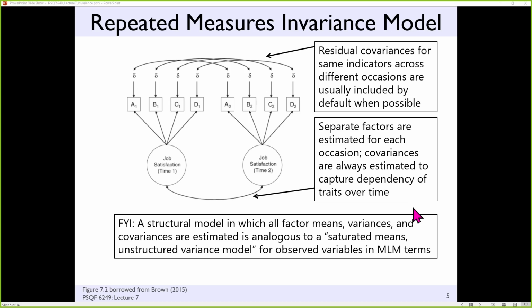So usually the same person is answering the A items. Yes, we don't expect a correlation between A1 and B2, for example. This model says that the only reason that A1 and B2 are related is because the factors are related. That's what it's saying. Now that's a testable hypothesis.